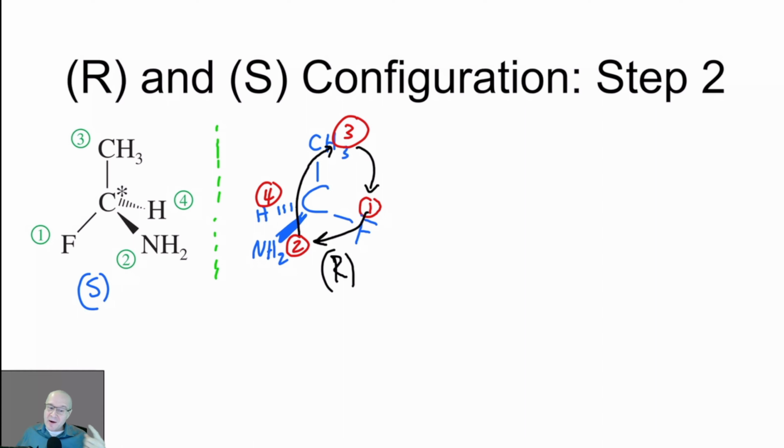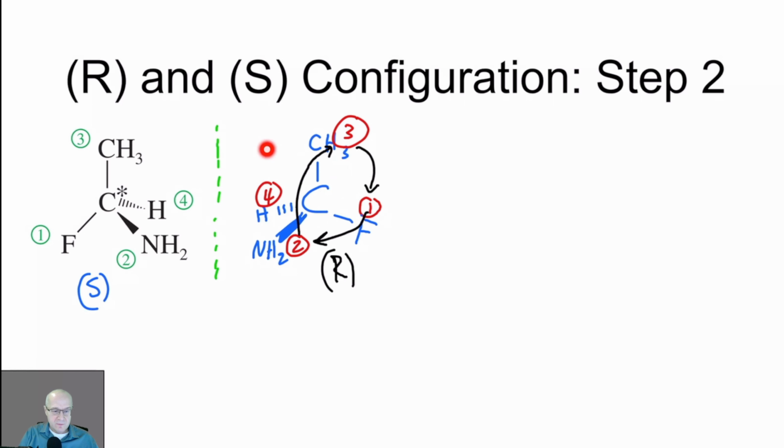Now, here's how I remember this. It's a little trick. If you go from 1 to 2 to 3 on this particular one, if I was driving in my car and turning my steering wheel in this direction, clockwise, my car would go to the right, as long as you're going forward. The car will go to the right.